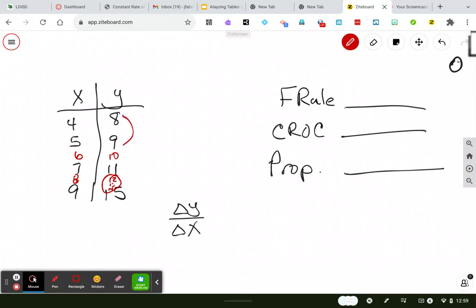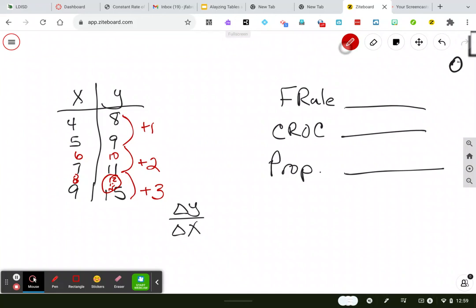So from 8 to 9, we are adding 1. From 9 to 11, we are adding 2. From 11 to 15, we're adding 3. So if you look at that, okay, well, that kind of looks constant every time it's going up by a new number. But remember, constant means that it's got to be the exact same. So this side does not go up the exact same.